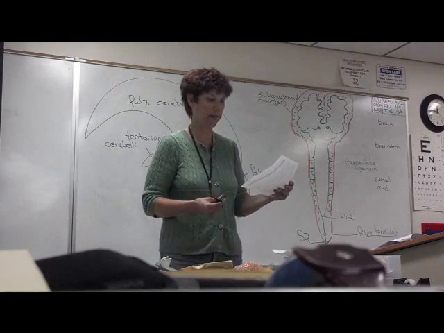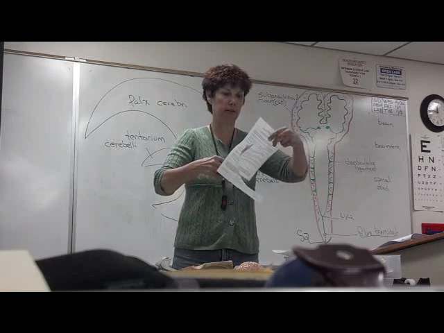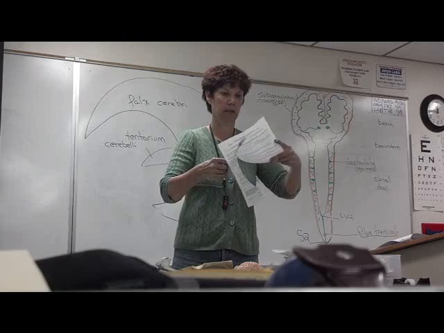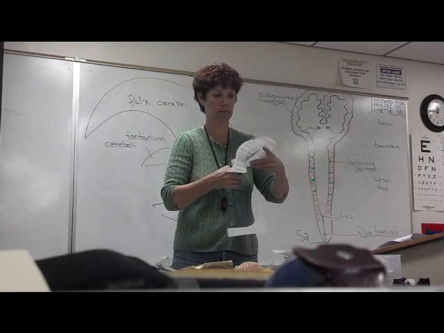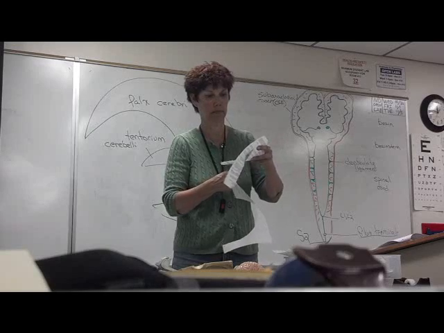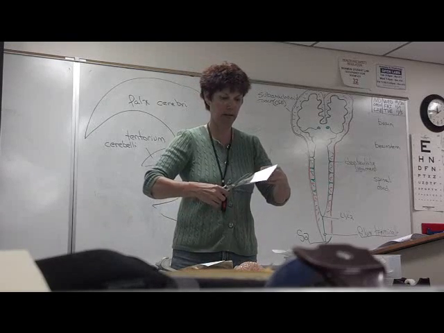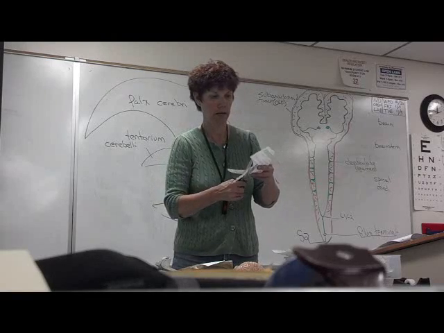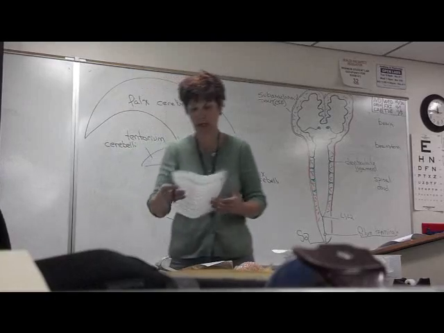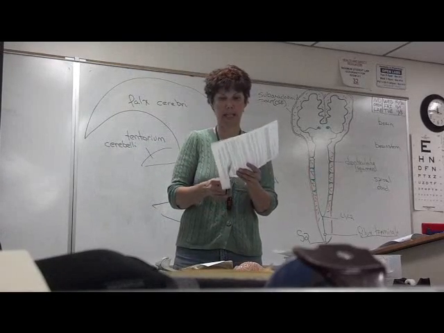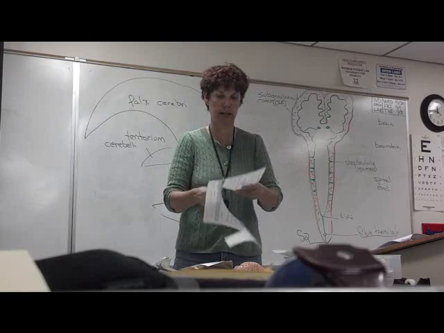I would make it out of paper to try to illustrate to students what this actual shape was like. So that would be the falx cerebri, and then the falx cerebelli, tentorium cerebelli.